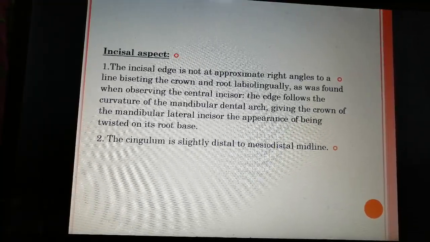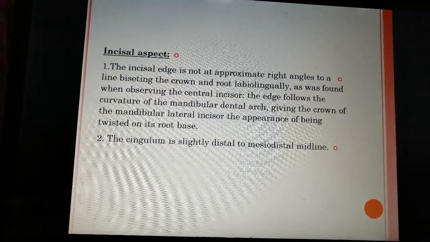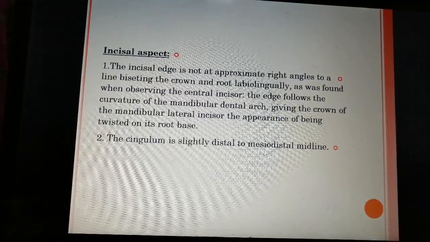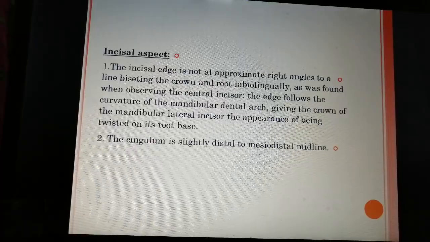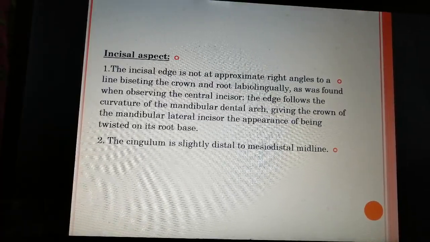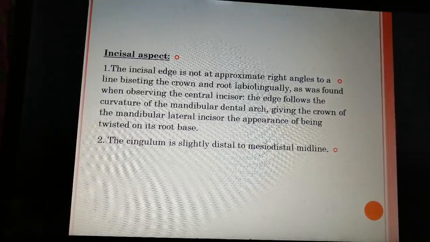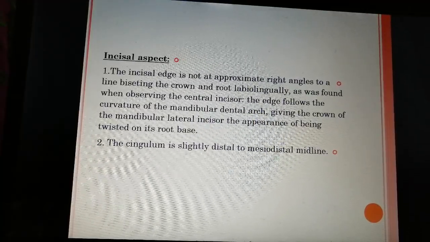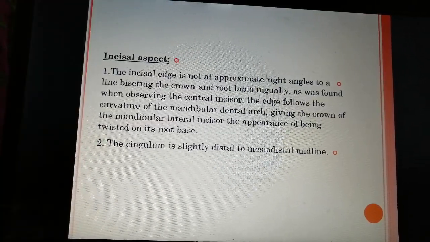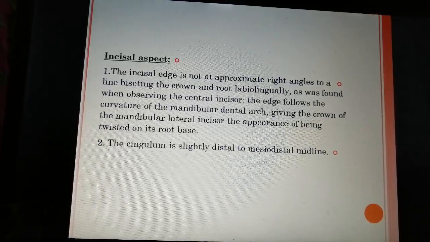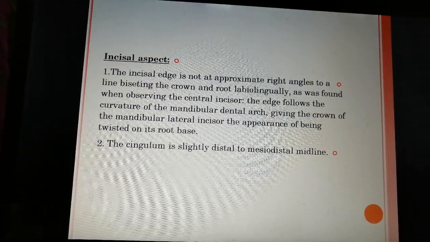The edge follows the curvature of the mandibular dental arch, giving the crown of the mandibular lateral incisor the appearance of being twisted on its root base.